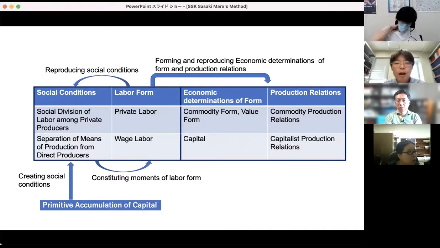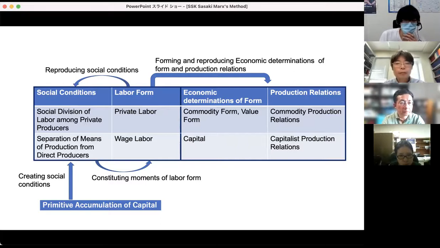Labor form, on the one hand, reproduces social conditions, and on the other hand, the labor having a labor form reproduces economic determinations and production relations.